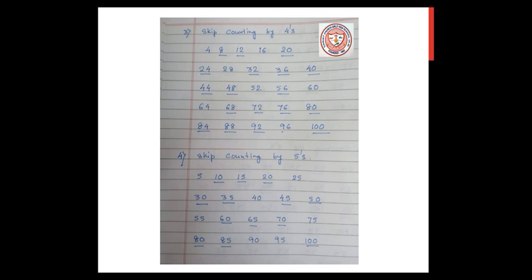92, 96, 100. I repeat, 4, 8, 12, 16, 20, 24, 28, 32, 36, 40, 44, 48, 52, 56, 60, 64, 68, 72, 76, 80, 84, 88, 92, 96, 100.